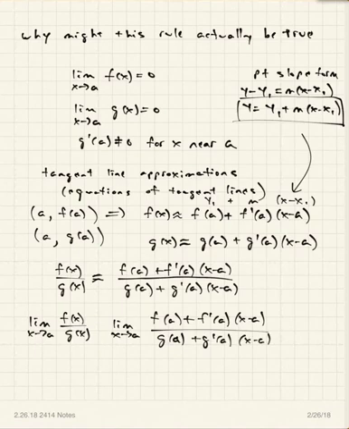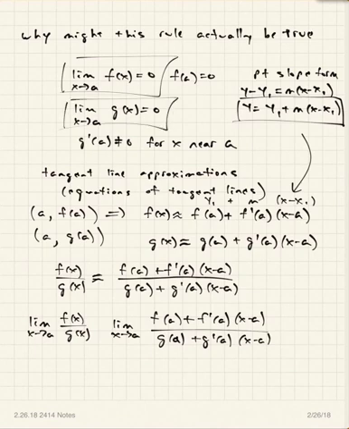But, you know, these functions are continuous, and so what are we saying here? When we're saying that the limit as x approaches a of f of x is equal to 0, we're really saying that f of a is equal to 0. And same thing with this limit. If we're saying that the limit as x approaches a of g of x is equal to 0, this function is going to be a continuous function, so it would have to be the case that g of a is equal to 0.